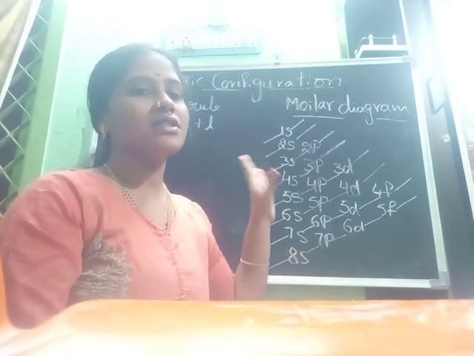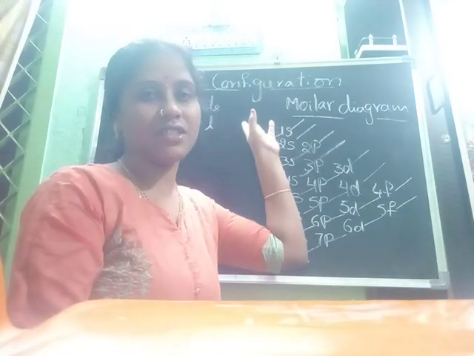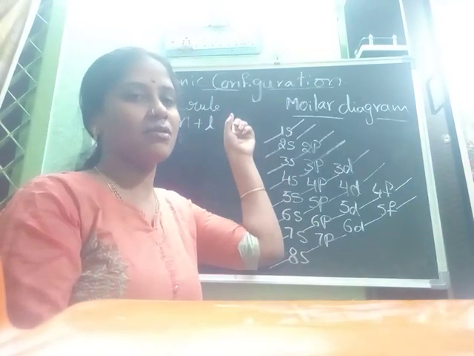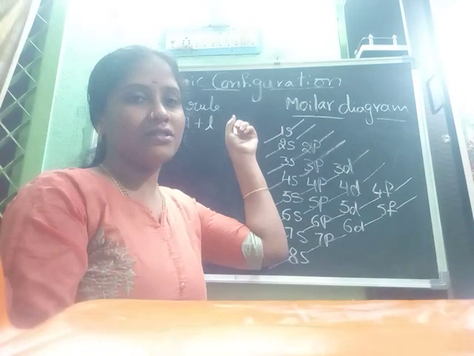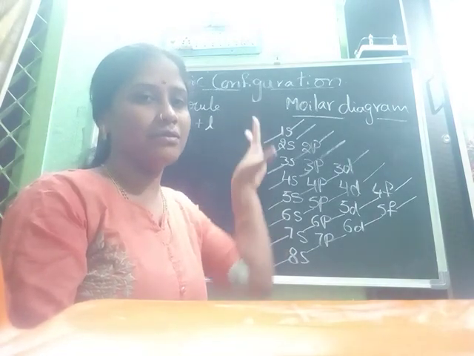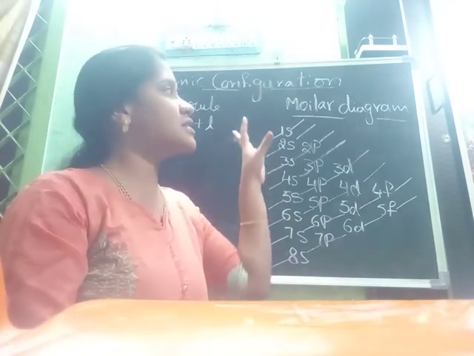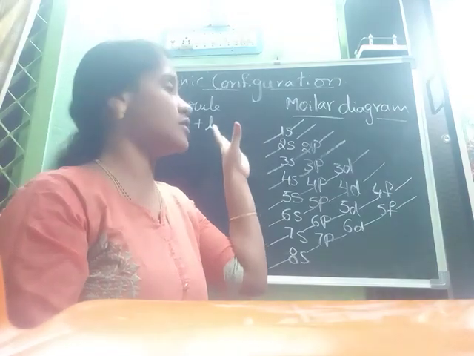Okay, we will discuss today about the electronic configuration. In chemistry, this is the basic topic: how to write the electronic configuration of the different elements. This is the starting basic concept.